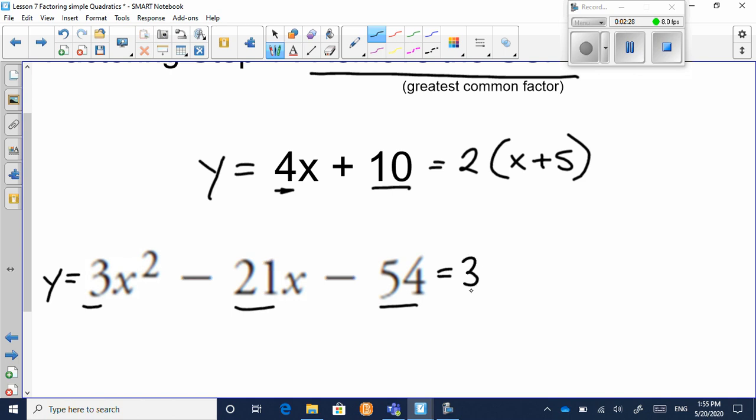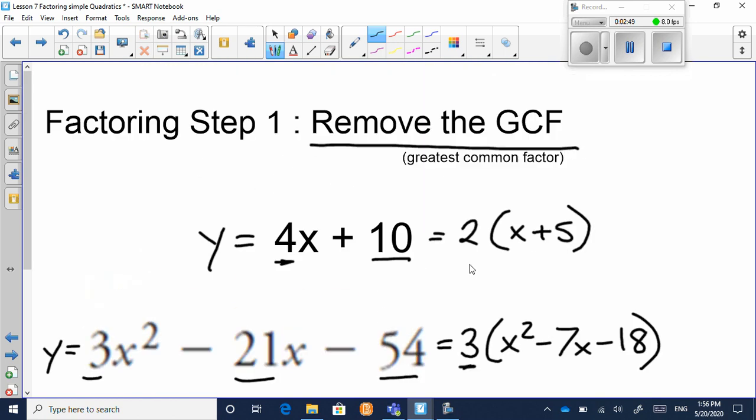I can now write it as 3 times x squared minus 7x minus 18. So 3 goes evenly into each of those numbers, and we've removed 3. The first step is removing the greatest common factor, and I just want to emphasize that. That's what the last lesson was about: getting used to removing the greatest common factor.